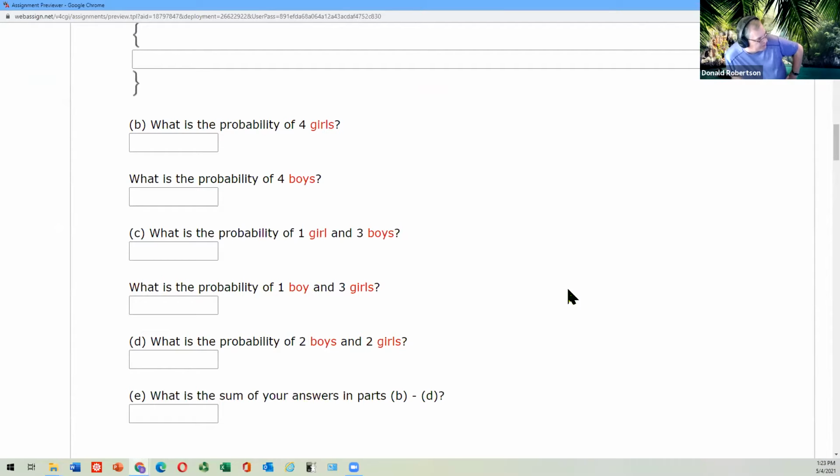What's the probability of getting a boy and a girl, 2 boys and 2 girls, 4 girls, 4 boys, all those kinds of combinations? Do you see that those questions can now be answered by looking at my sample space?